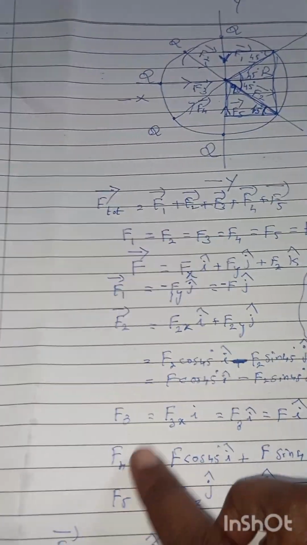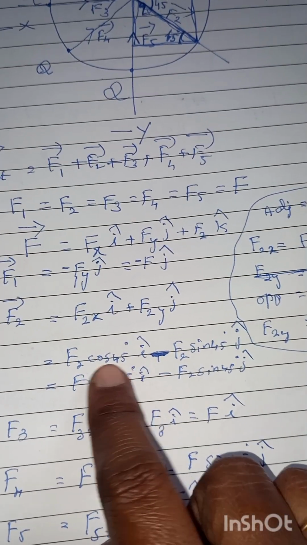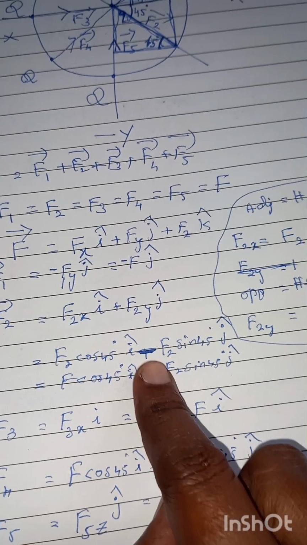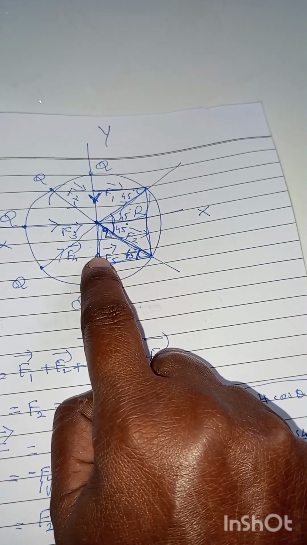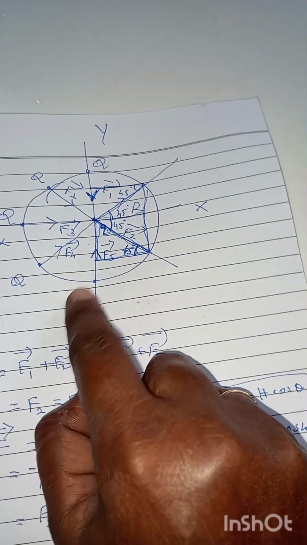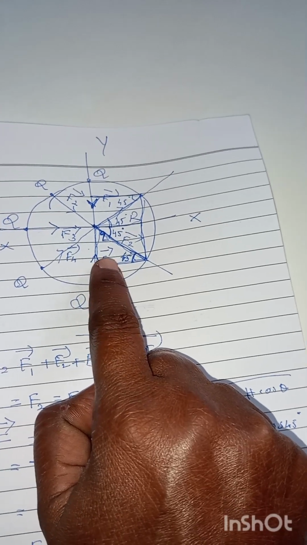So we can write the expression for F2 as F2 cos 45 into i cap minus F2 sin 45 into j cap, because the y component of force F2 is along the negative y-axis.